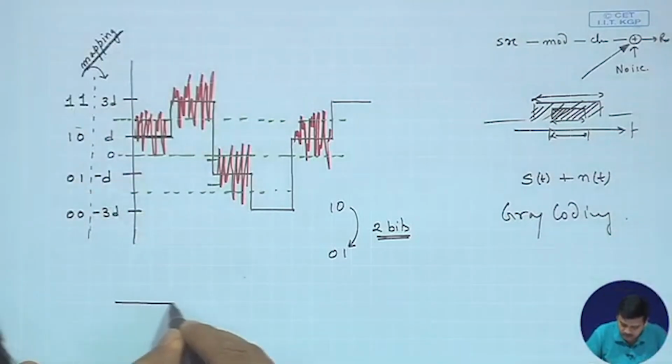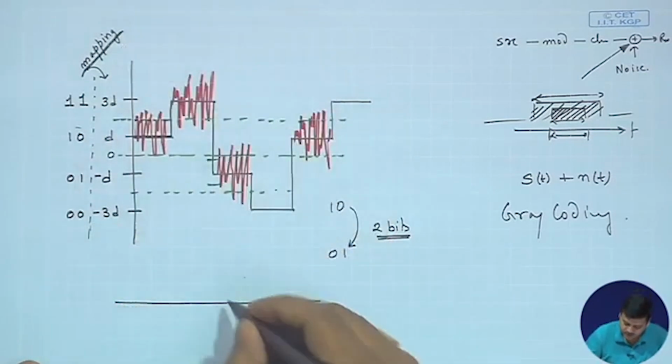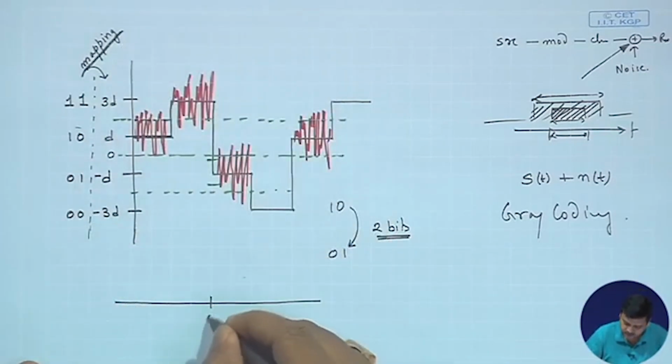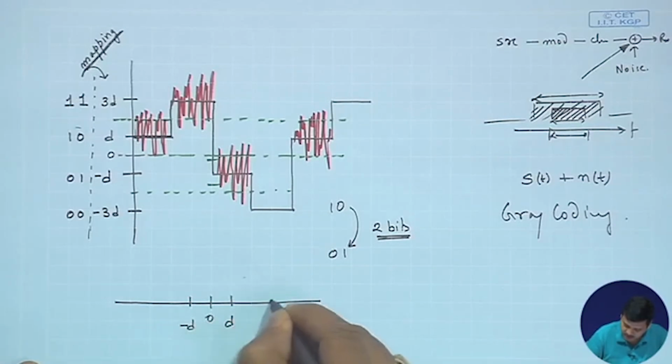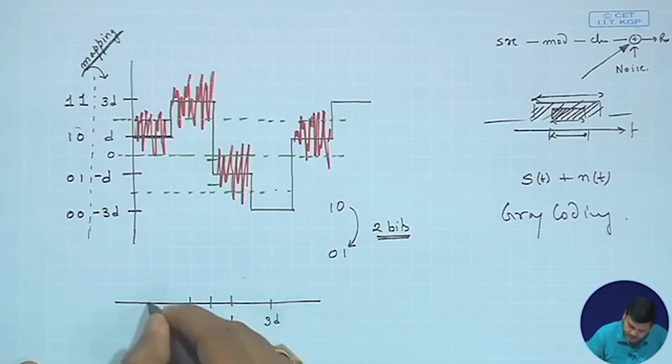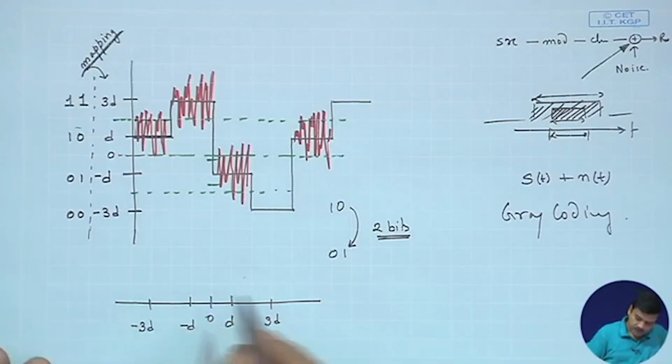Suppose I just make it horizontal for ease and better use of space. So, you can have a D, a minus D, 3D. I am only taking 4 levels, all right. So, let us try doing that.